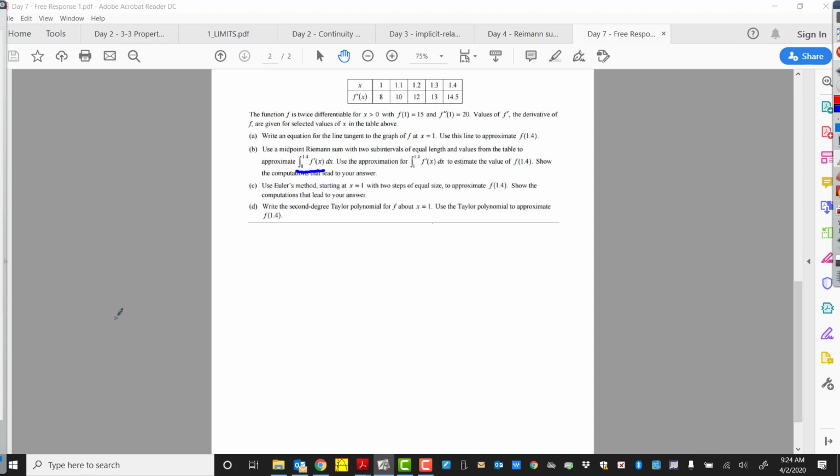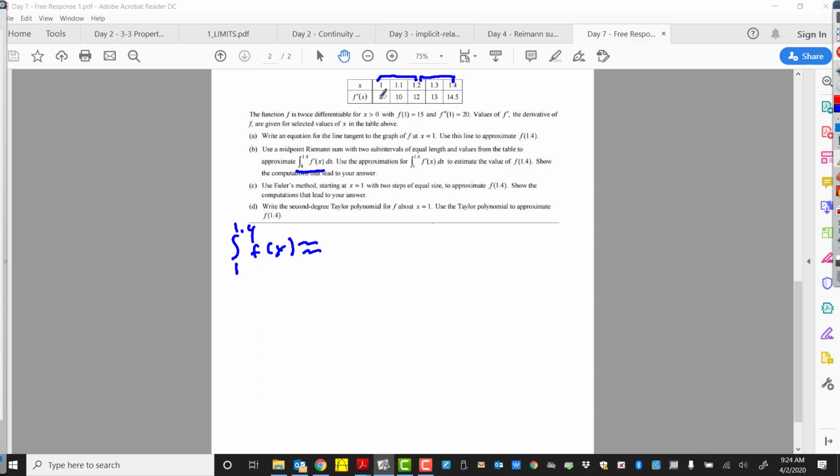We know a midpoint Riemann sum approximates the integral, so the integral from 1 to 1.4 of f of x is going to be approximately the midpoint Riemann sum that we set up here. It tells us the midpoint Riemann sum with two subintervals of equal length. So we need two subintervals, and they have to be the same length. So 1 to 1.2 and 1.2 to 1.4. All right?